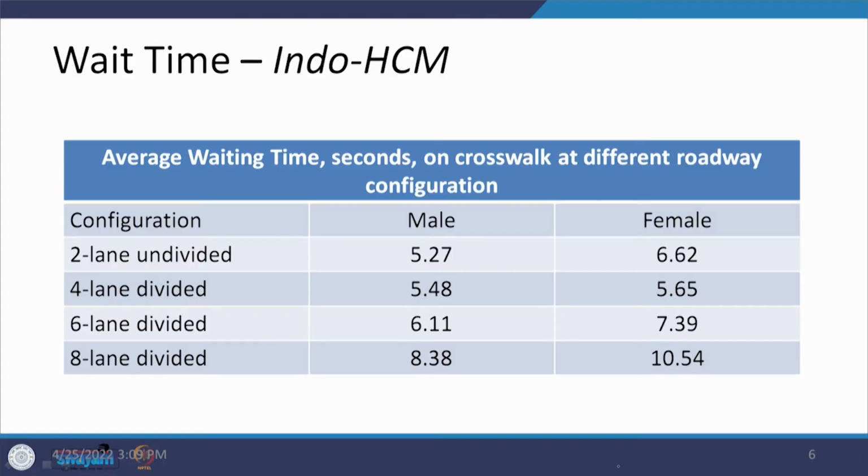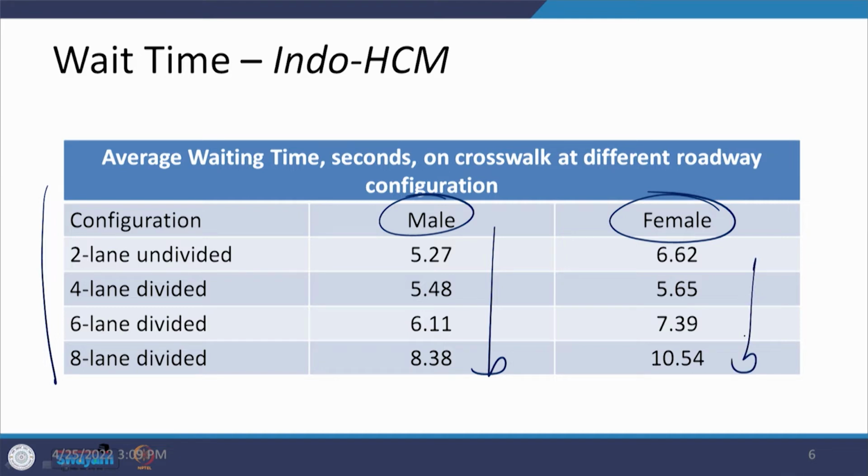Now, in the case of Indo-HCM, again it is talking about the wait time, and it is also giving the conditions with respect to the categorization of the road. And when we look at this categorization of the road, the same is being used as we have talked previously, but for the two segments of the population, they are defining this average wait times which are changing from somewhere around 5 seconds to as high as 10 seconds.